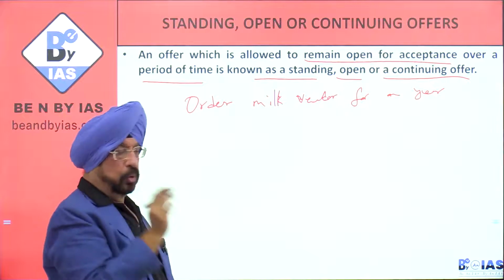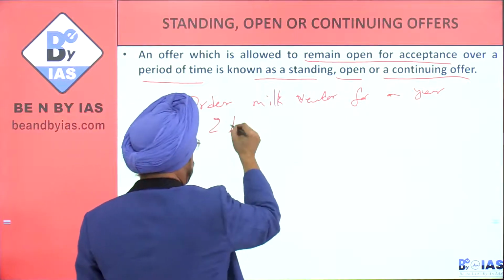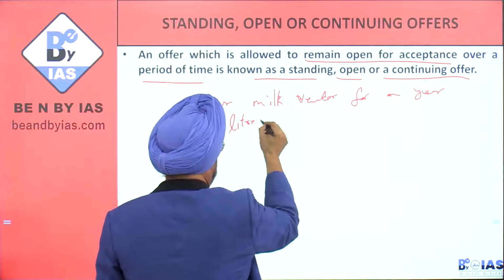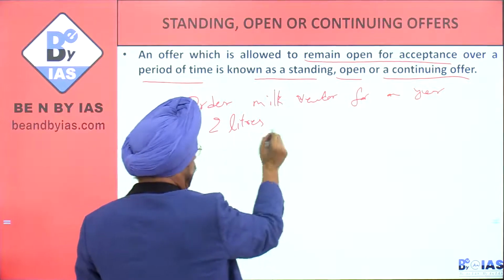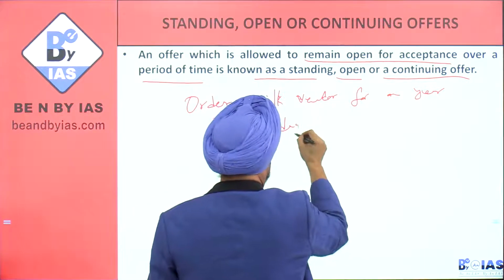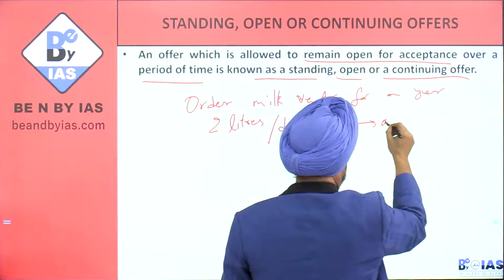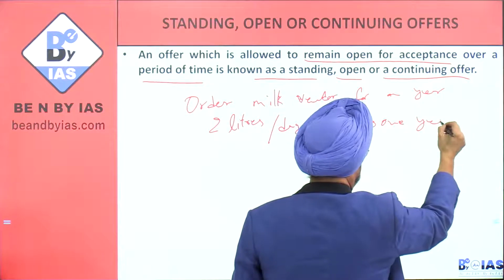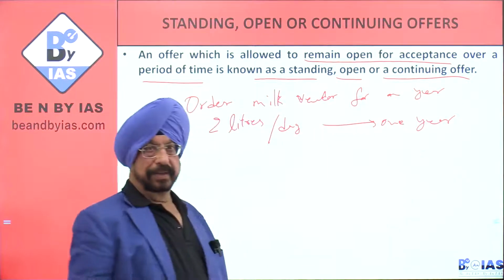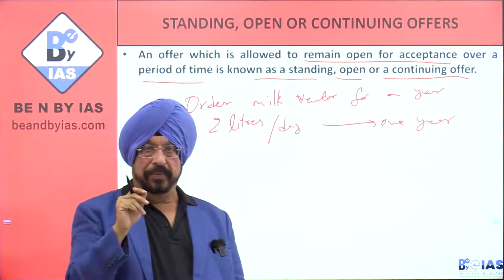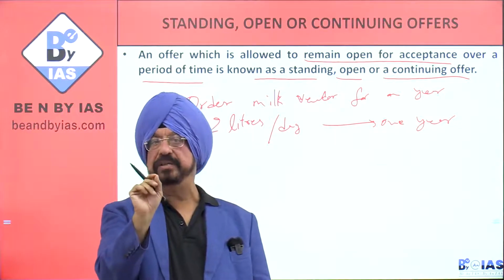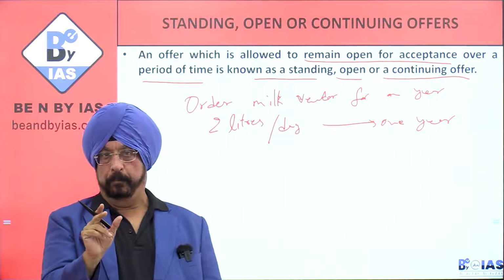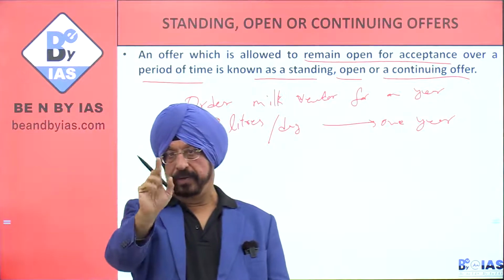You will supply 2 liters every day. मैं थोड़ा ज़्यादा दूध पीता हूँ इसलिए 2 लीटर ले रहा हूँ. 2 liters every day for 1 year. This is my order. Now, each and every supply will be a separate contract.